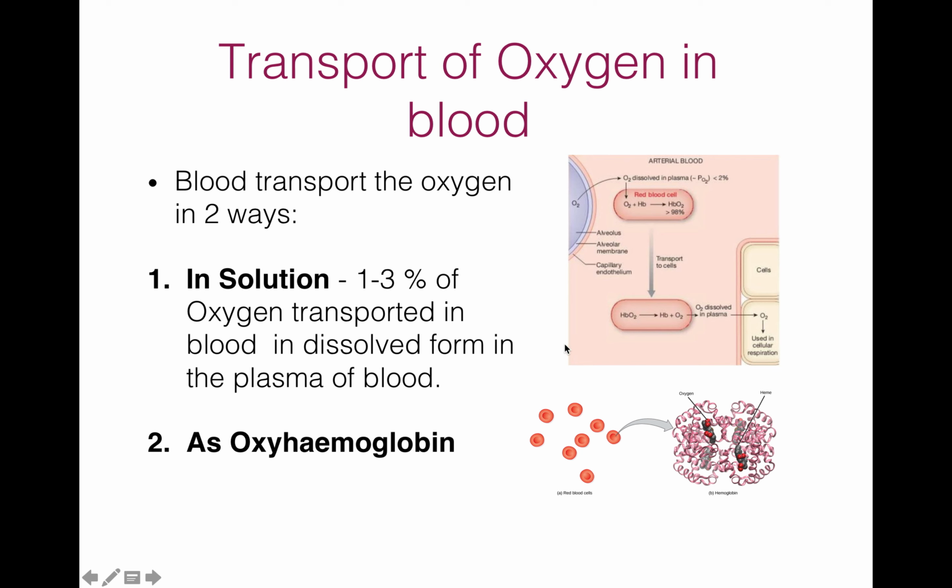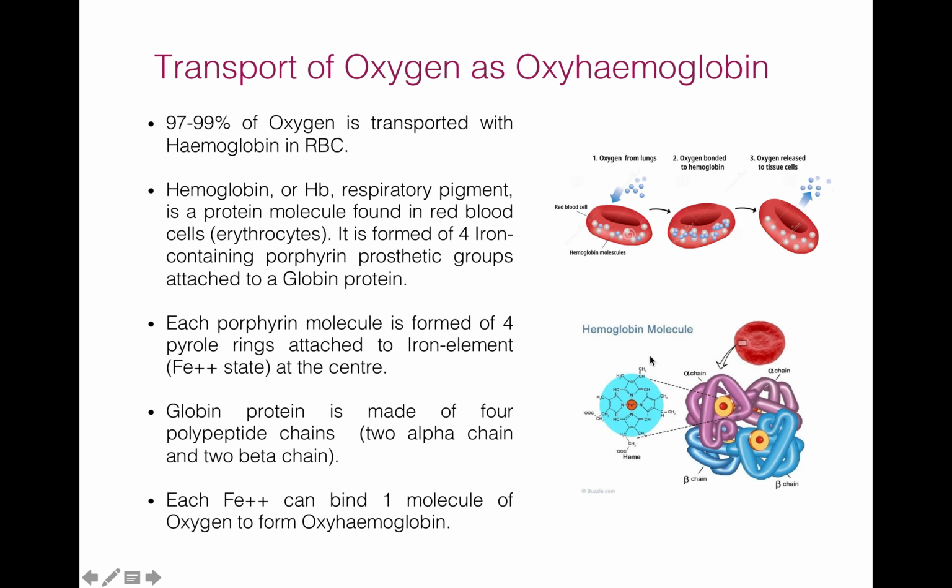So, hemoglobin is formed of 4 iron containing porphyrin prosthetic groups, which are attached to the globular protein, globin protein.